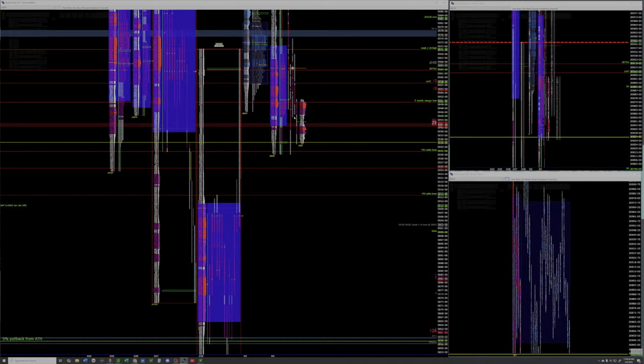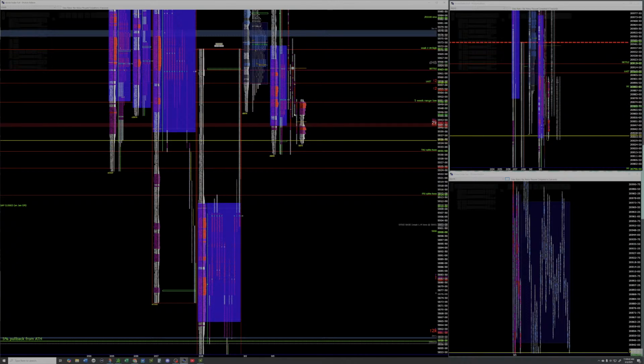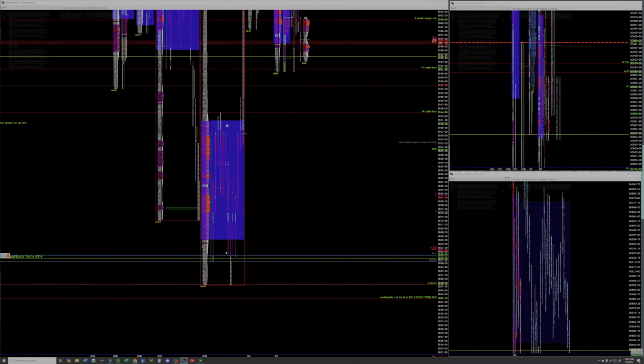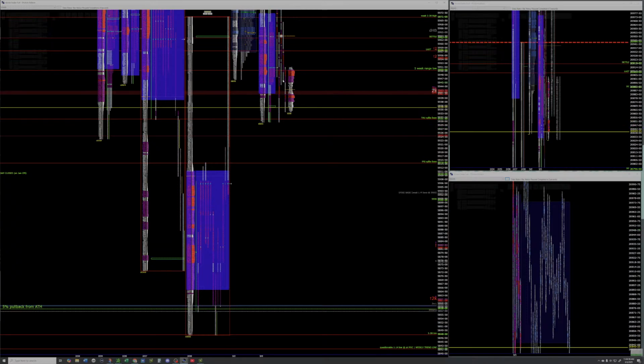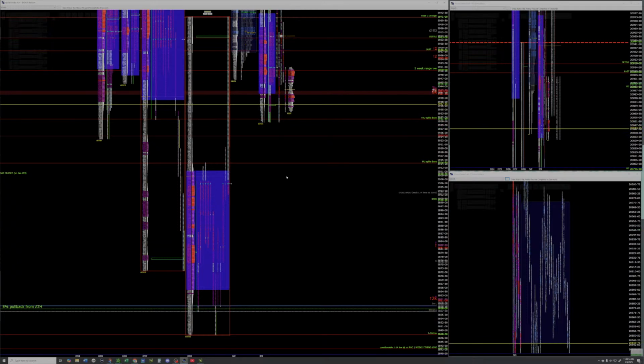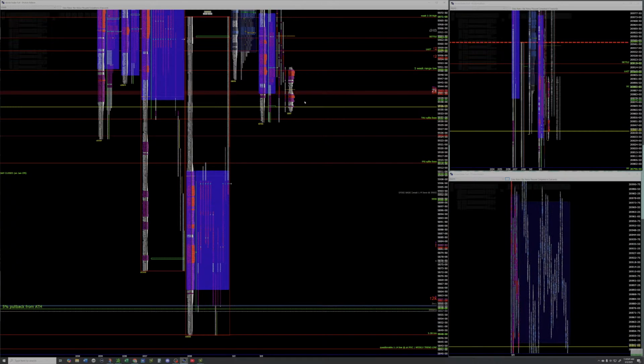There's a lot of people here that were getting long here. When this happened here, you could see the E-mini also was down here. Remember when we were talking about this low and what was happening down here? The same thing happening. Same thing that happened here, same thing was happening. But the context is different. Now, there's a lot of longs here.